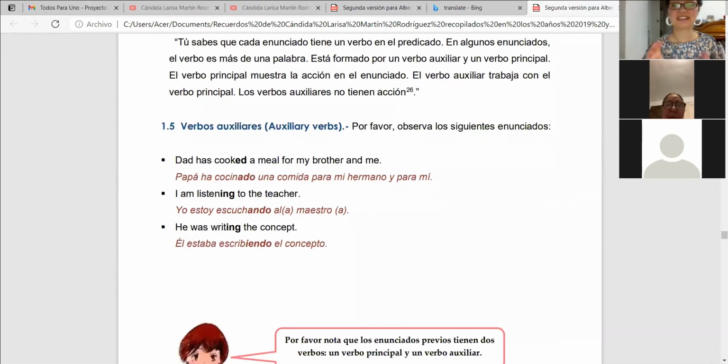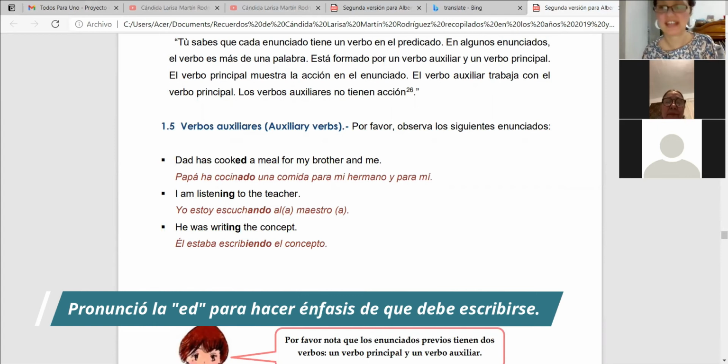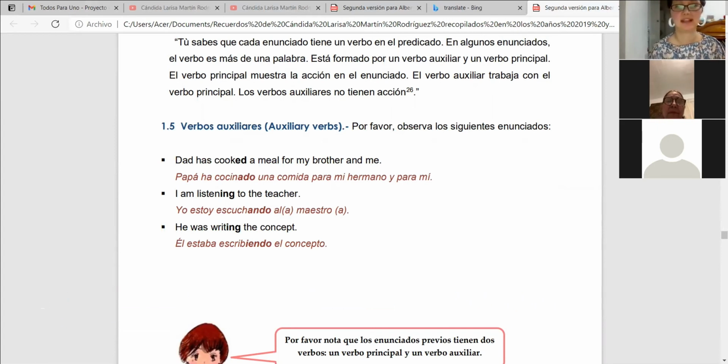So let's continue with auxiliary verbs. These ones are very, very important because we need to observe the next sentences. Number 1, Dad has cooked a meal for my brother and me. I am listening to the teacher. He was writing the concept. Please take a look and find that the previous sentences have 2 verbs.